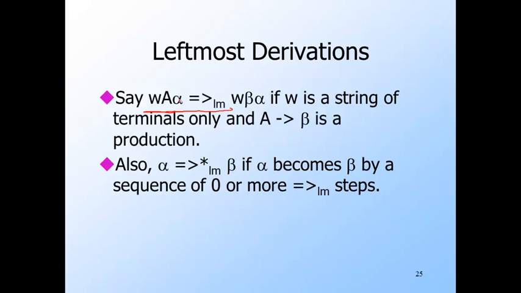On the right is the same string with the body, say β, of some A production replacing A. The symbol consisting of the double arrow with a subscript LM and a star, that's this, means becomes by a sequence of 0 or more leftmost derivation steps.